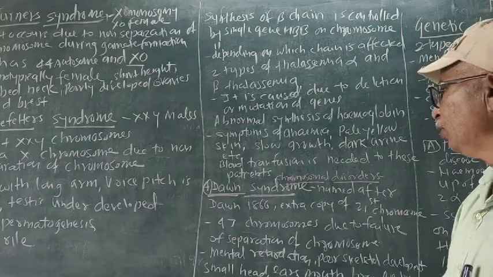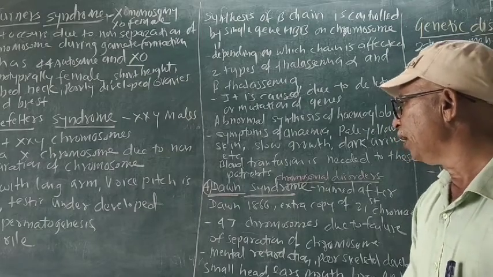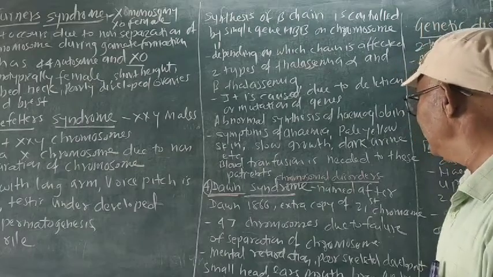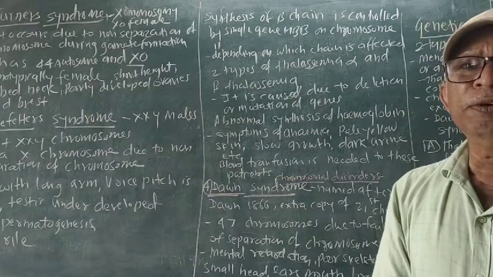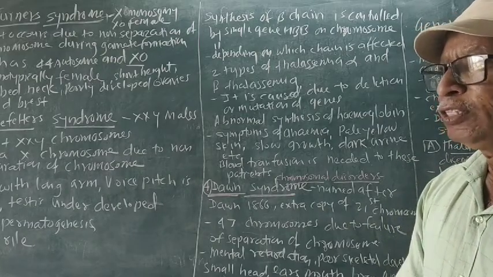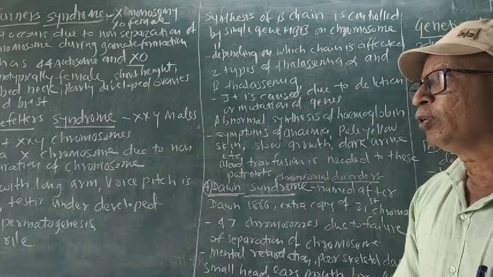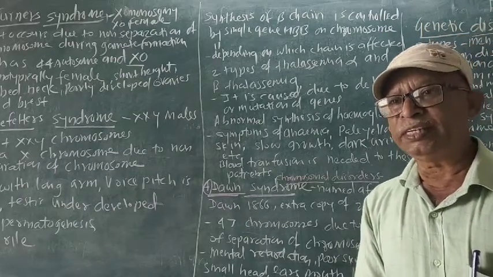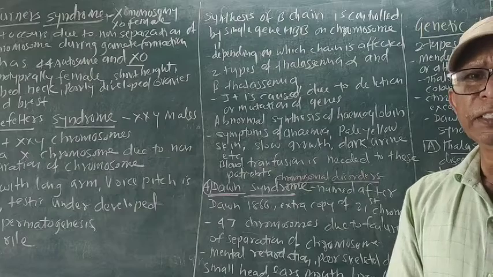Number one is Down syndrome. The name is given after the work of Down in 1866. That is the extra copy of 21st chromosome. When the extra copy of 21st chromosome is present, the individual has 47 chromosomes instead of 46. Normal number is 46.